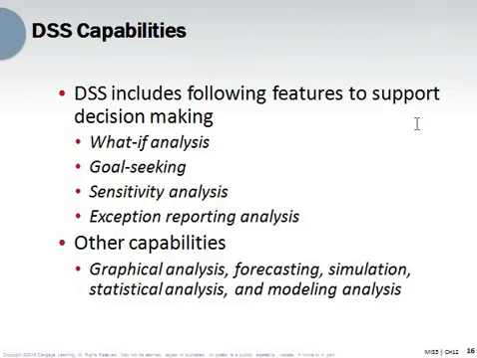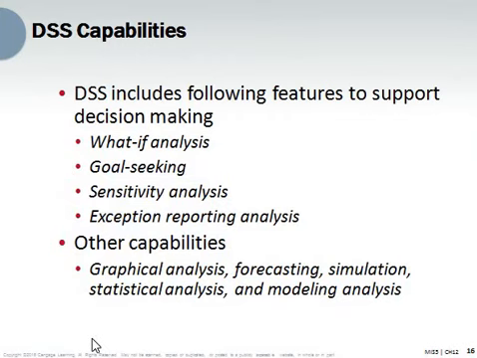Sensitivity analysis, analyzing how sensitive a particular variable is. If we are changing some independent variables, then how does the dependent variable change, how sensitive is it, right? Exception reporting analysis. These are the capabilities of DSS for decision support.